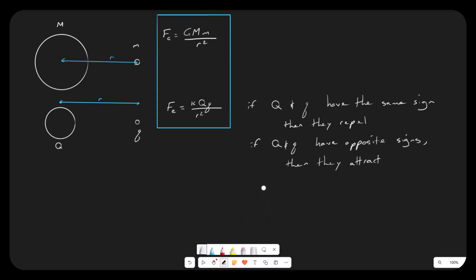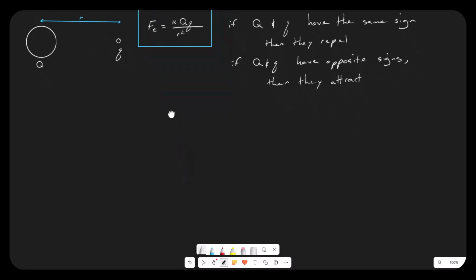Okay, a little bit more. This constant K, for gravitation we had that constant G. For electrostatics we have this constant K. K we call the Coulomb constant, and it is made of a fundamental constant, epsilon naught.